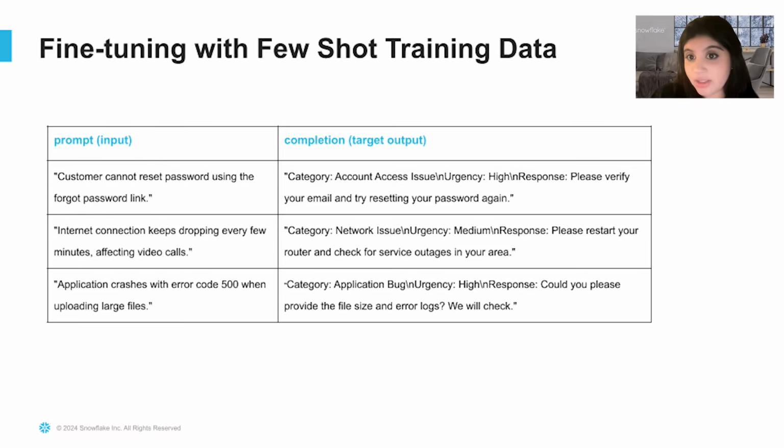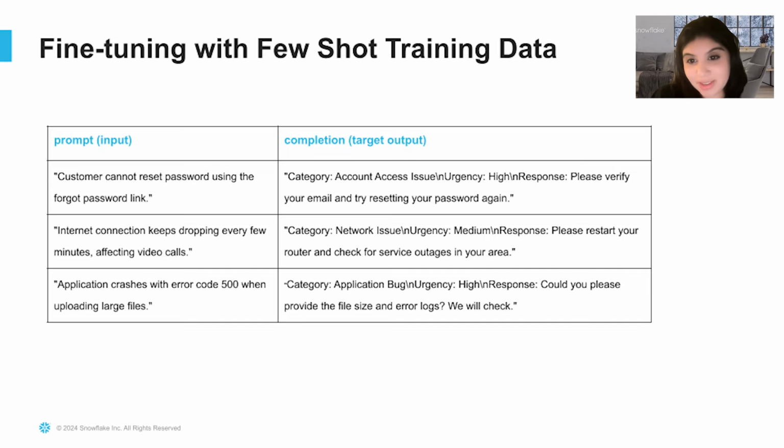Llama has already learned general language structure from vast internet data. Fine-tuning only requires a few hundred to a few thousand high-quality labeled examples of your specific support interactions to specialize its existing knowledge for a task. In other words, it doesn't require thousands of training scenarios.